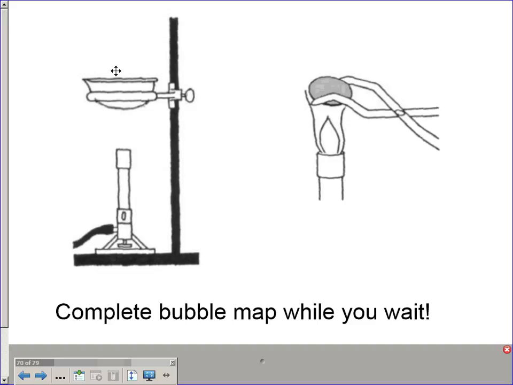Guys, if you can't get your Bunsen burner lit, then have somebody else get it because I'm working right now. What's your name? Turn it down. Don't take your oxygen, guys.